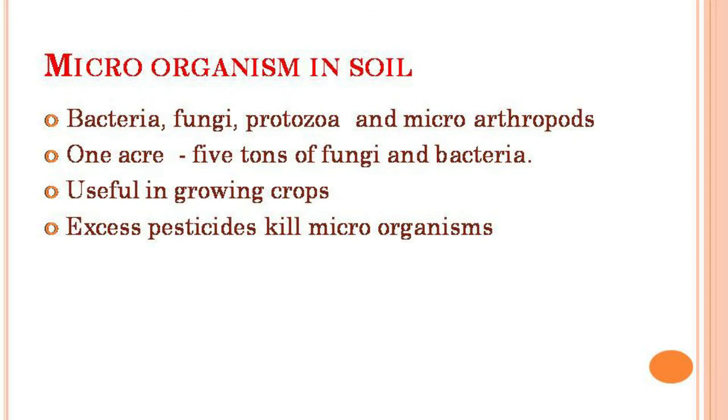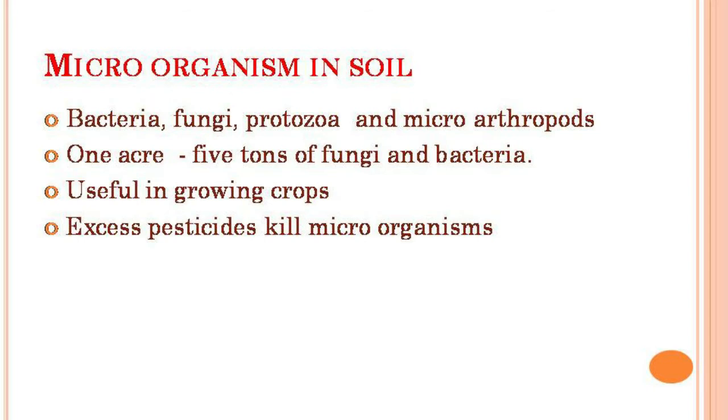Of course, they kill all these things which are on the plants, but at the same time they fall on the soil. You cannot catch a single leaf and spray the pesticides or insecticides on it, isn't it? So some of them will fall on the ground, and that will destroy the useful bacteria, useful fungus, useful protozoans, useful microarthropods which are there in the soil.